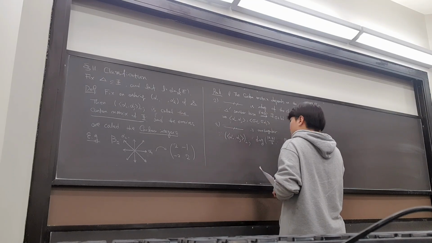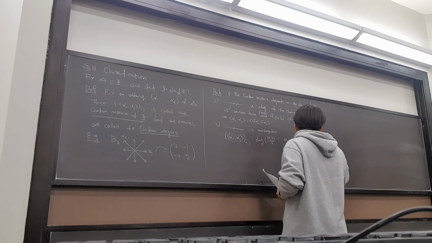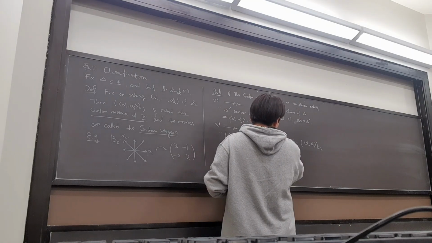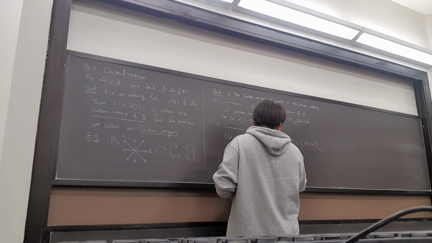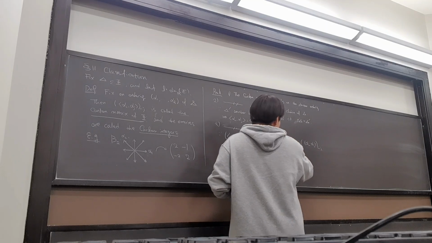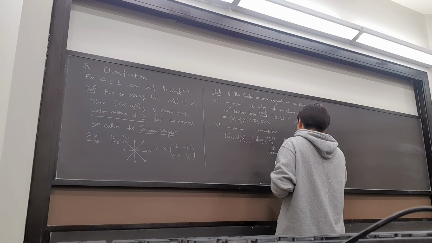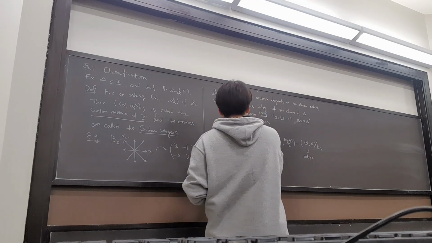You can easily get this is just the inner product. But because this is an inner product, its determinant is non-zero, because it is positive definite and also non-degenerate. That's why this is non-zero.